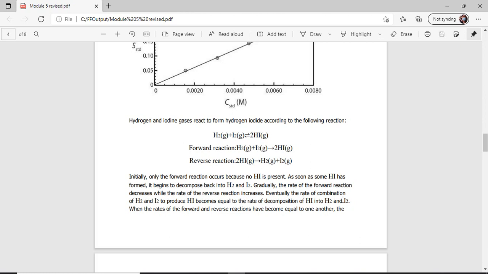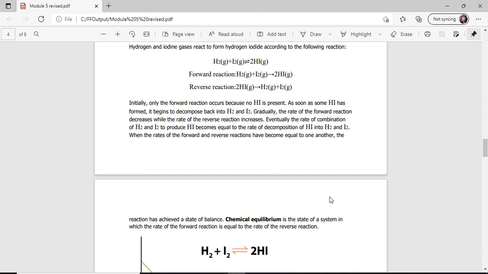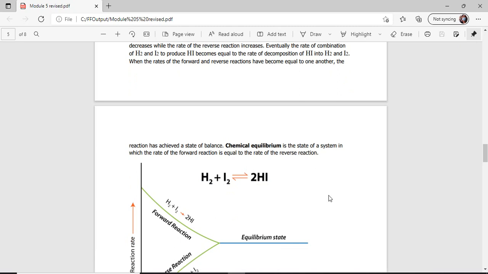When the rate of the forward and reverse reactions have become equal to one another, the reaction achieves a state of balance, or your chemical equilibrium. It is the state in the system in which the rate of the forward reaction is equal to the rate of the reverse reaction.